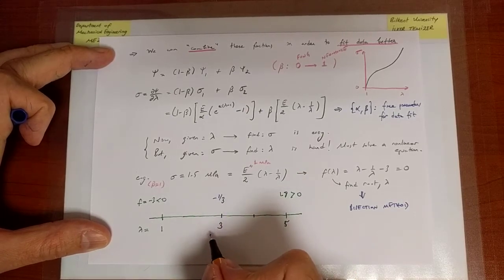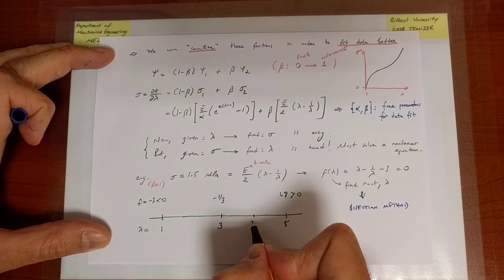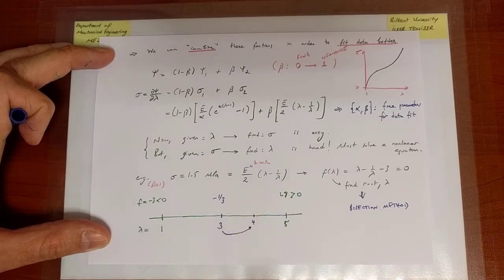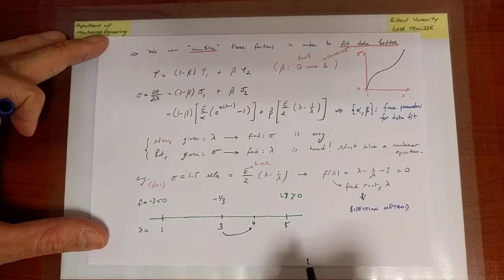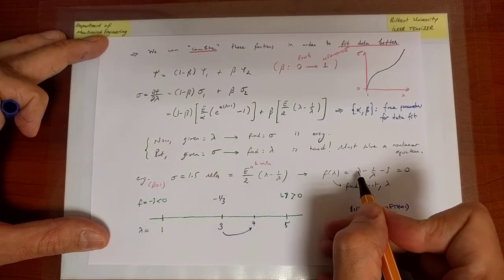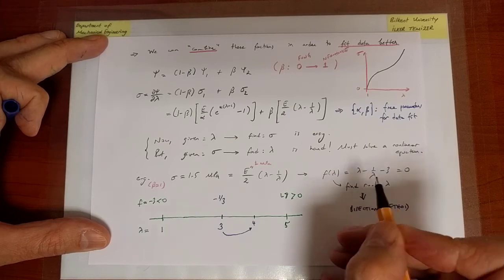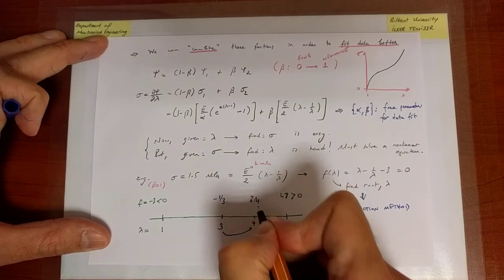This was my first range of bisection. The second range is now going to be 3 to 5, and my next guess is the middle of that range, which is 4. If you plug in 4 minus 3, it's 1 minus that value, it's going to be 3 over 4, and it is positive.